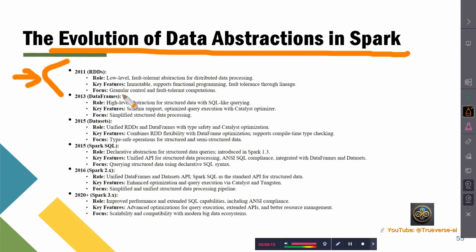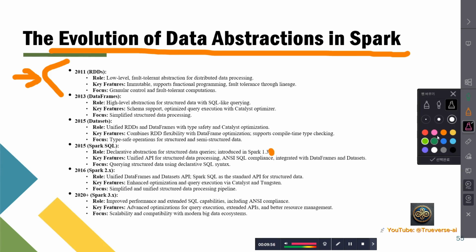Then came the data frame in 2013, the data set in 2015, which combines both, and Spark SQL in 2015. Up to here it is Spark 1.3. Then Spark 2 started and now it is Spark 3.